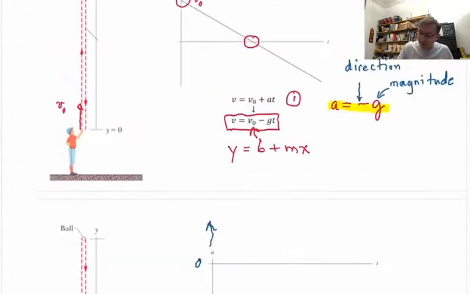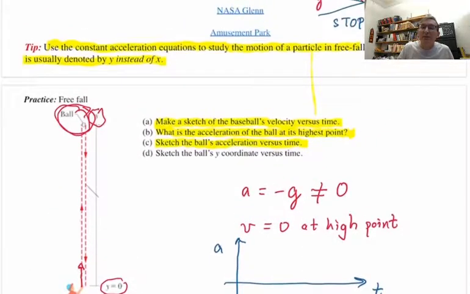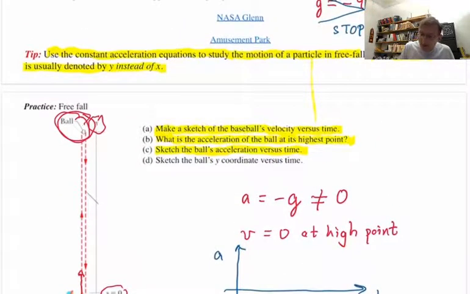All right, one more. D. Sketch the ball's y coordinate versus time. Again, pause the video, try it for yourself on a piece of paper, and then come back. Okay, welcome back. Did you draw?